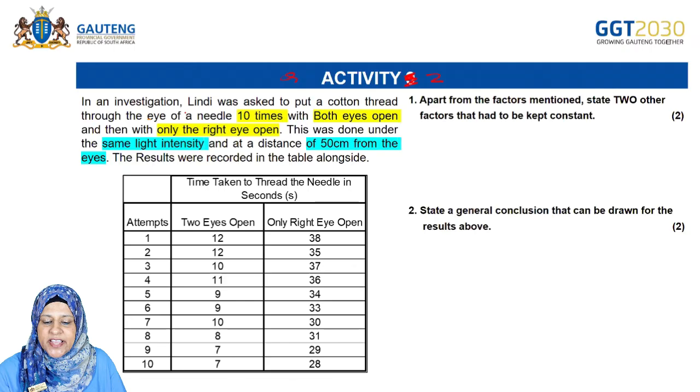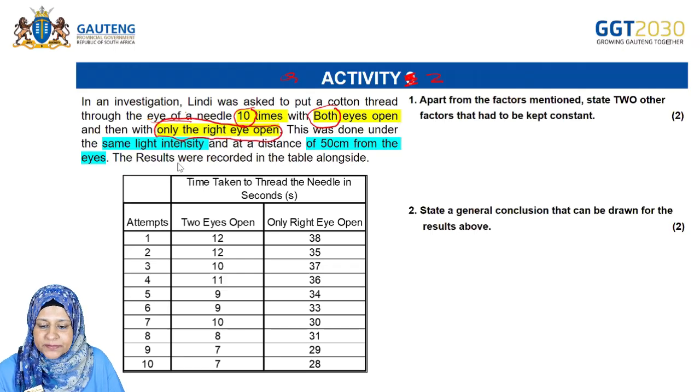In an investigation, Lindy was asked to put a cotton thread through the eye of a needle 10 times. Both eyes were open, and then only one eye, the right eye, was open. So let's look at it again. Lindy was asked to put a cotton thread through the eye of a needle 10 times with both eyes open.